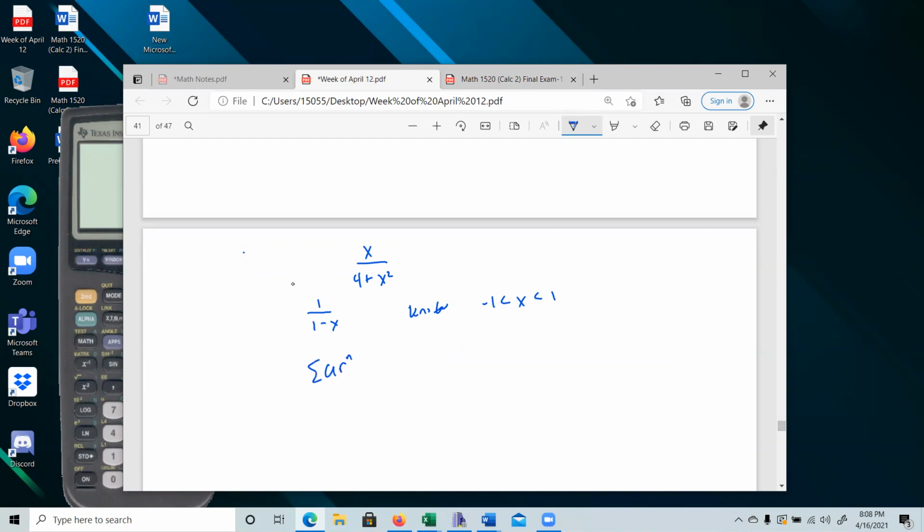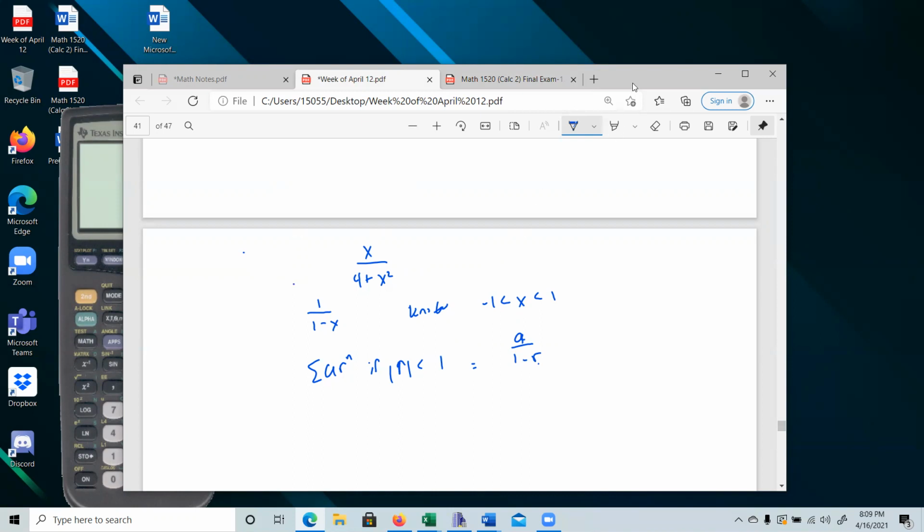If the absolute value of r is less than 1, this geometric series converged, didn't it? And what did it converge to? It converged to a over 1 minus r. That looks awfully familiar, doesn't it? If a is 1, we're going to be able to do that. Now we're going to use this to deal with other functions that look like fractions like this.